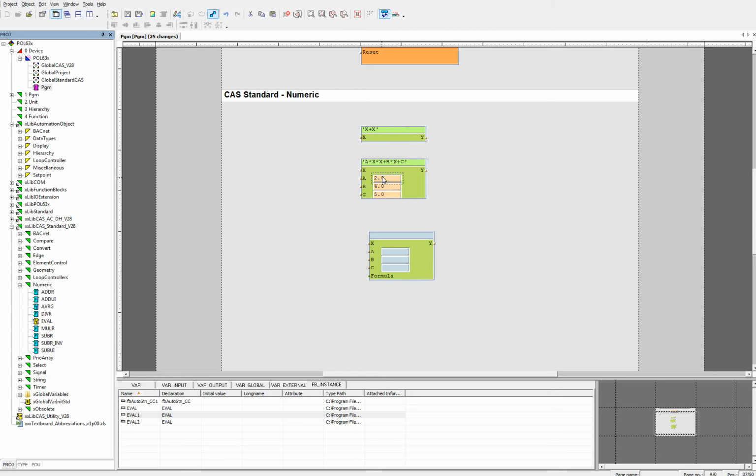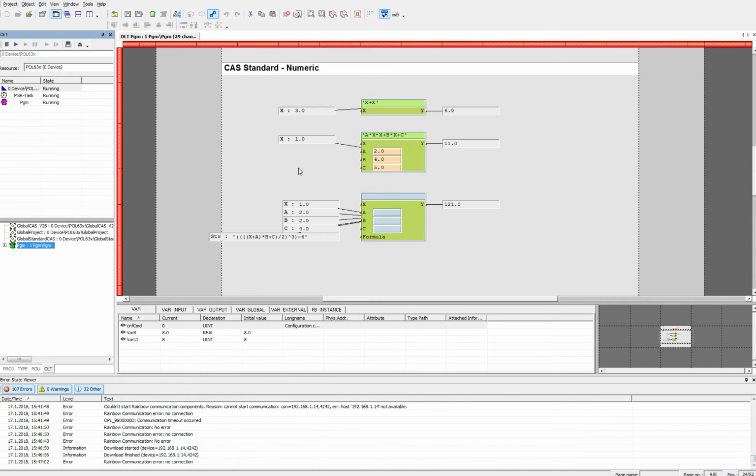Let's define this formula like that, and we will define the third formula freely in online format. For example, like this. So we have the formula x plus x, which is 6. Then a multiply x plus b multiply x plus c, which is basically a 2 plus b 4 plus c. So 2 plus 4 plus 5 is 11.